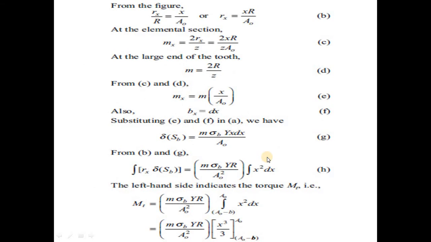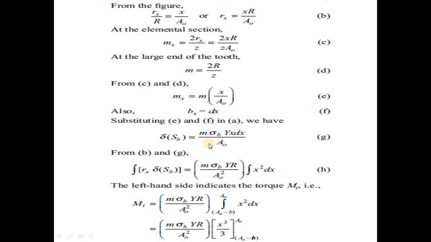From those three equations, we put in the value of delta SB is equal to m sigma b y x dx divided by, put in the equation, and from equation B and equation G, put in the value of Rx here. We can put that value here, and then sigma b is equal to mb sigma b yx dx divided by A naught.